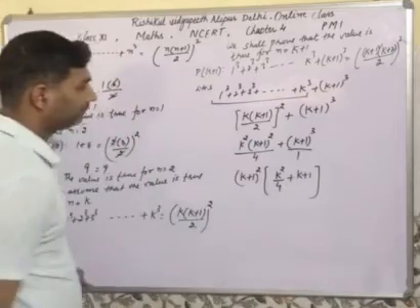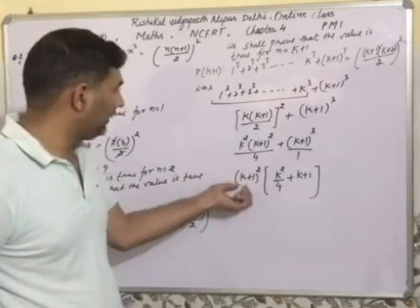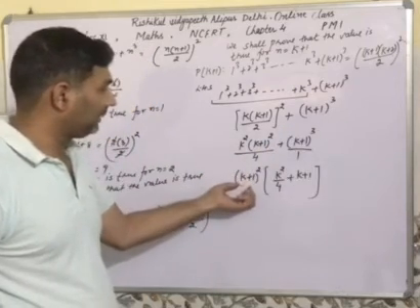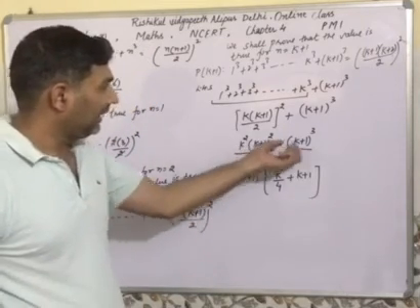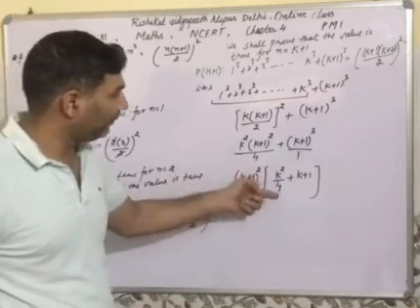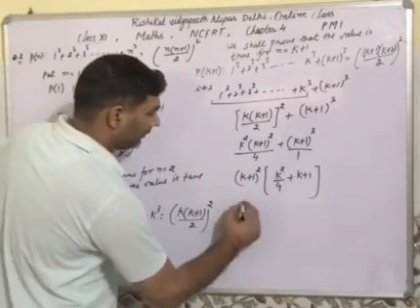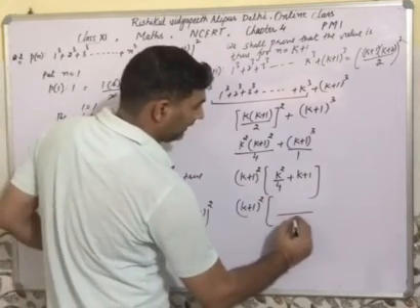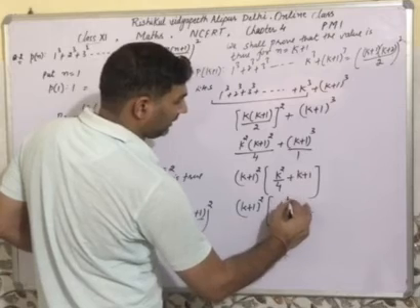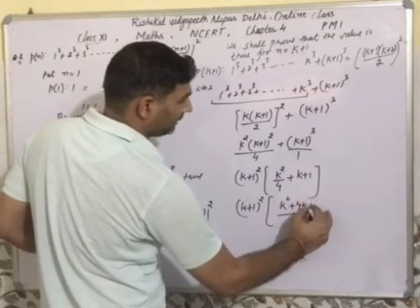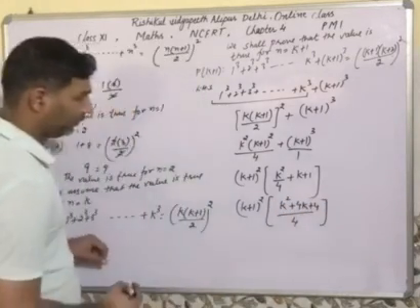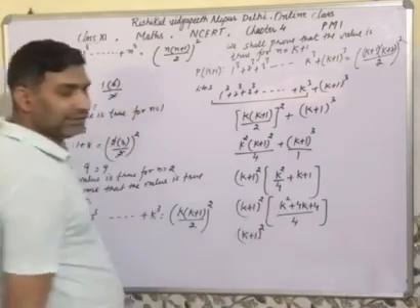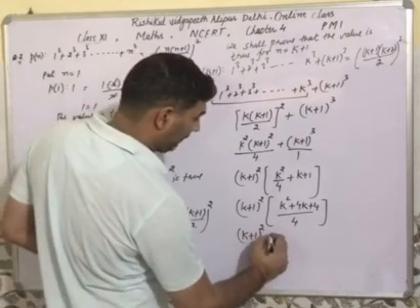You understand? This k plus 1 whole square and this k plus 1 whole cube, then k plus 1 whole square is this and k plus 1. This k square upon 4 and then k plus 1 whole square, this LCM 4, k square plus 4k plus 4 upon 4. Then k plus 1 whole square, and this term is k plus 2 whole square by 4.